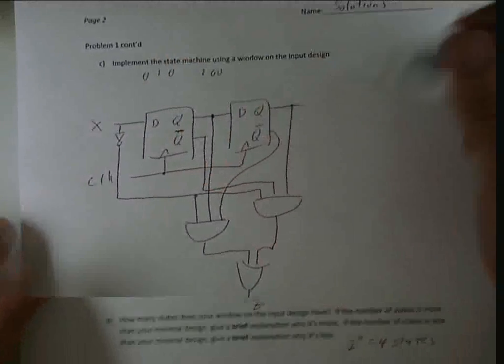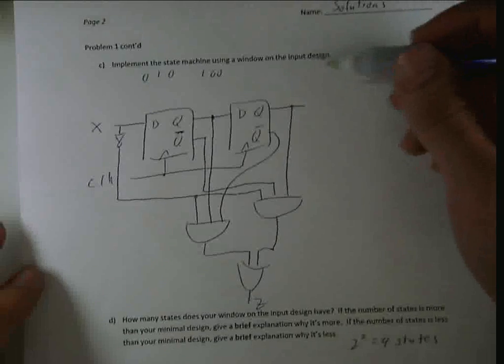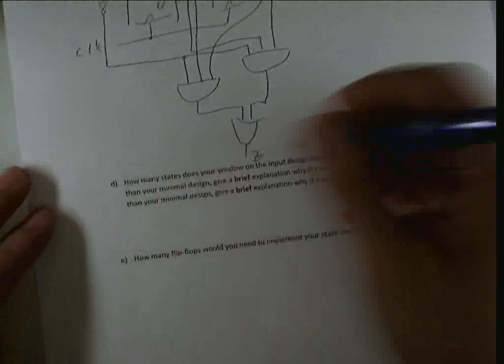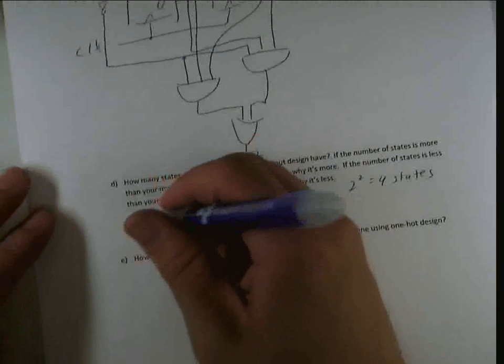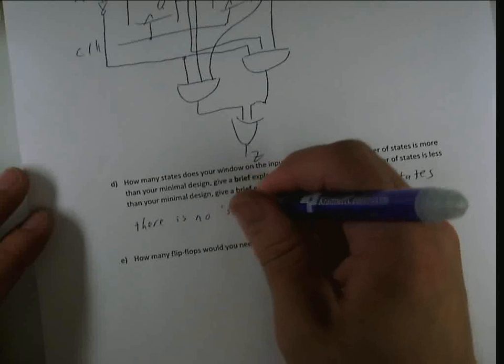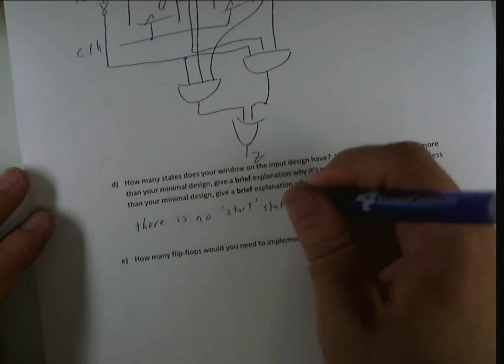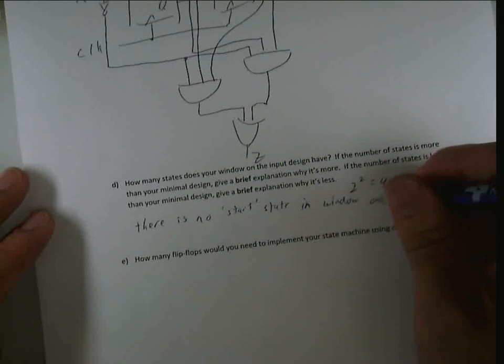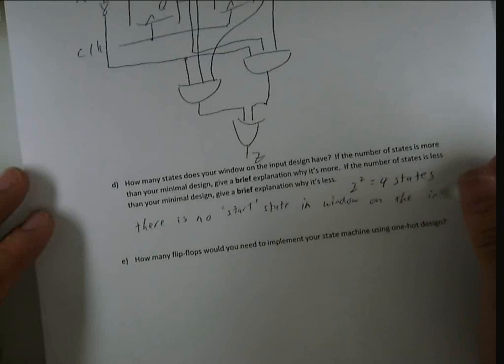And so, that's a risk we're going to have to take with the window in the input design. And so, basically my brief explanation is there is no start state in window on the input.